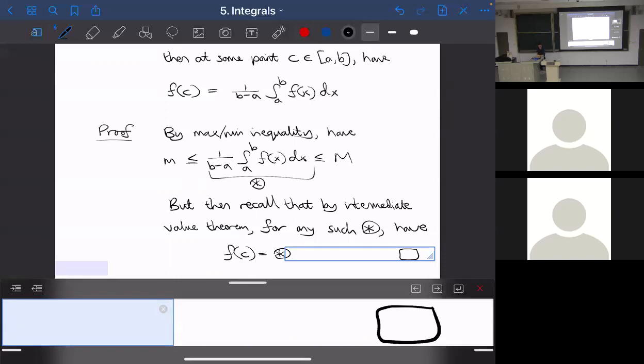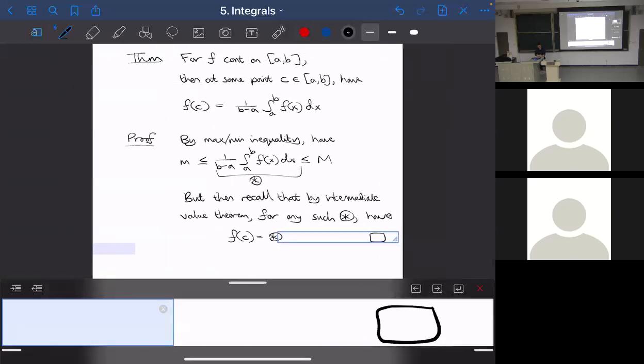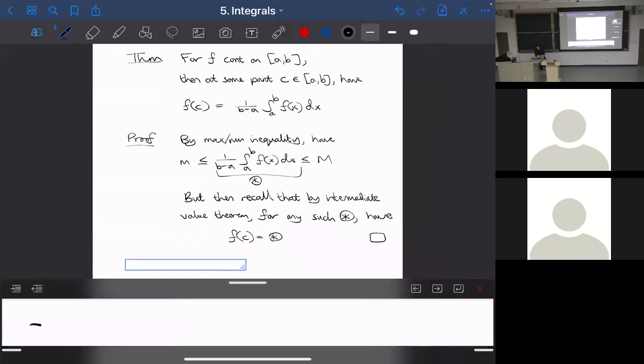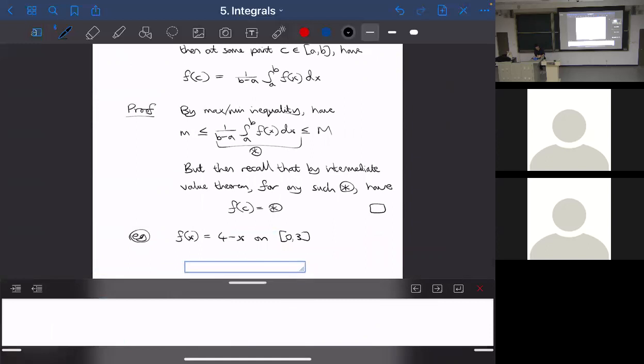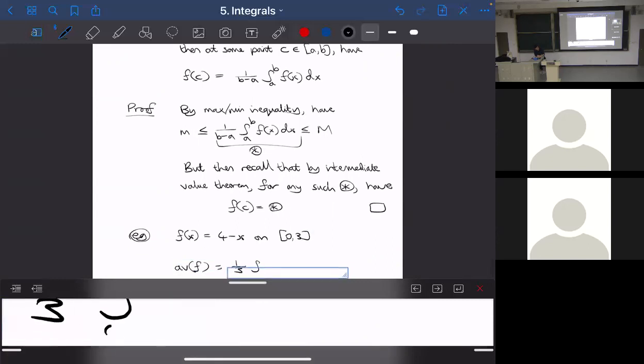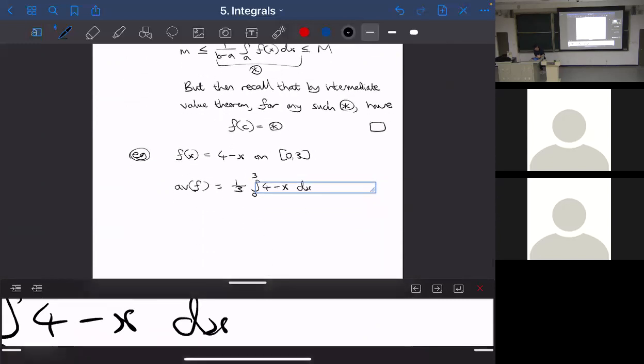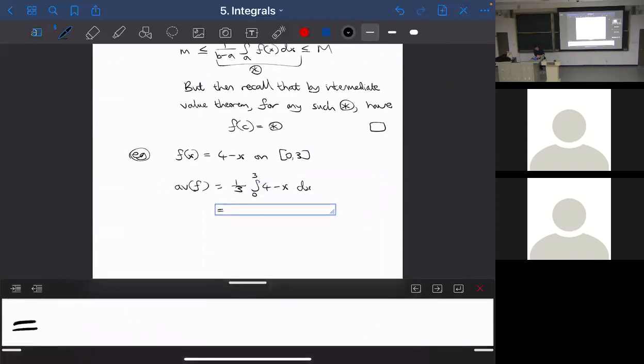Okay, so let's do some examples of this. So for example, f(x) is 4 minus x on 0 to 3. So we have our formula for the average of f, which gives us 1 over 3, integral 0 to 3, 4 minus x. So this is good practice.